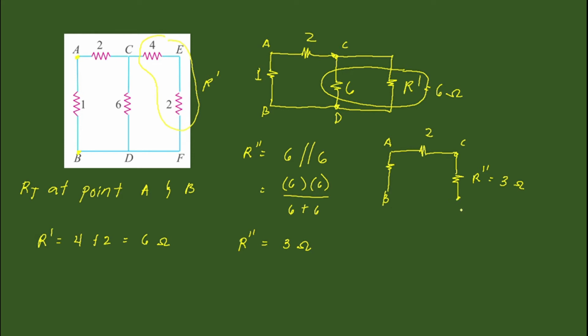And then, at point D, R2 prime is connected in series with 2 ohms. So, consider it as R3 prime. R3 prime is equal to 2 plus 3, which is equal to 5 ohms.